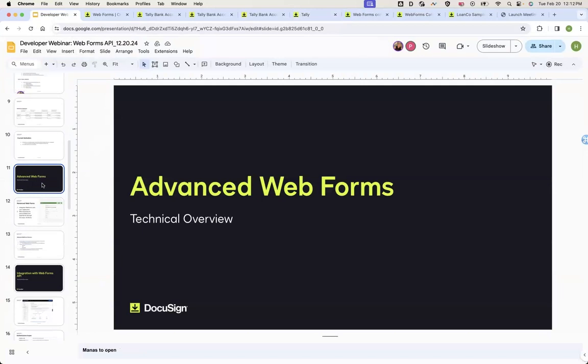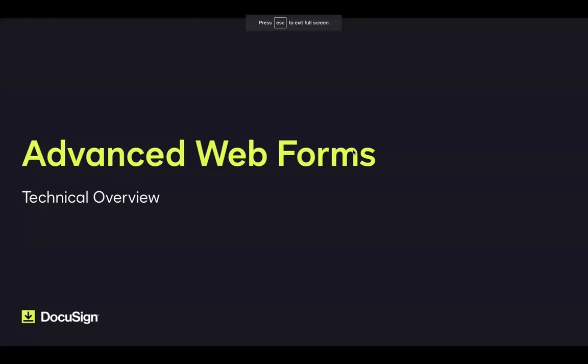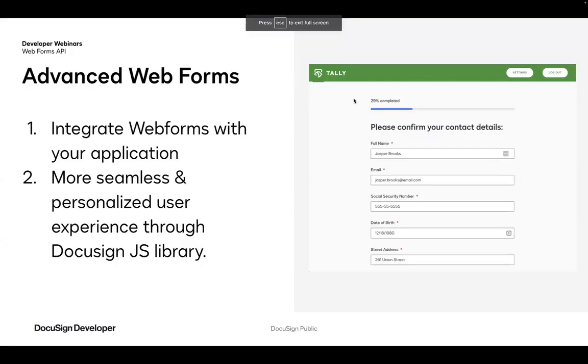Now let's talk a little bit more about advanced web forms capability. As I was showing you in the demo, on the right side, this is the screen where the web forms instance is coming via API and is part of the embedded experience of this Tele portal.